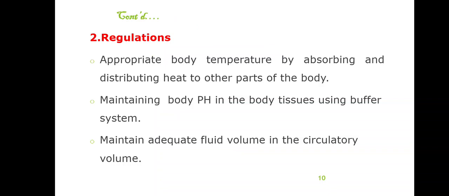And then apart from that, it also maintains adequate fluid volume in the circulatory volume. So now I just said I'm going to display how blood helps to regulate pH.